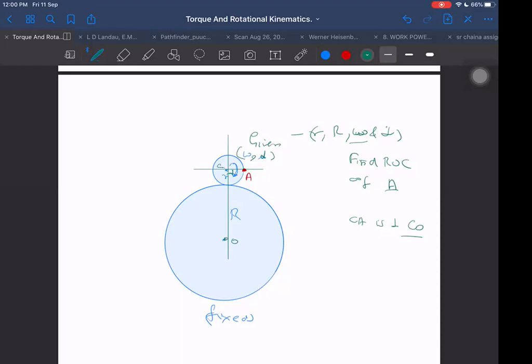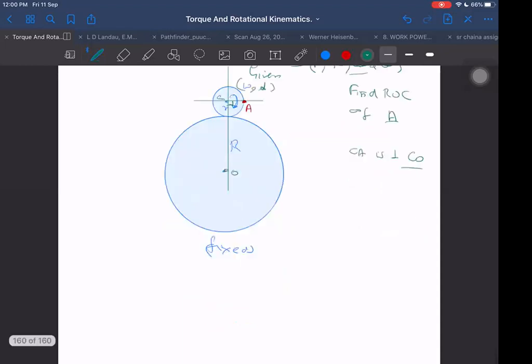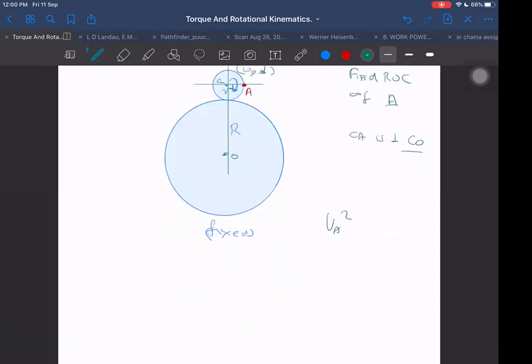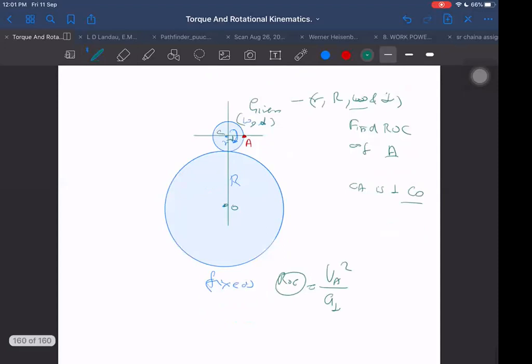Can you find it now? How to find it? First of all, we have to find the velocity of A squared upon A perpendicular. That thing only we have to do. So what is the velocity of A? We should know. What is the acceleration of A perpendicular to that? We should know. I can do it this way also.